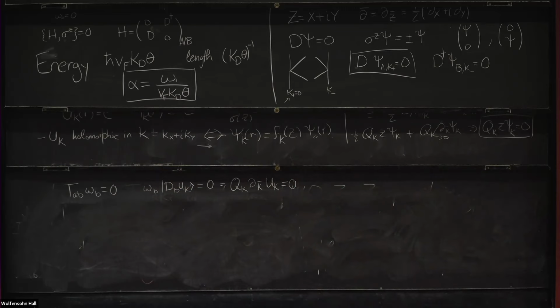So we have now found three different ways to characterize the same set of properties of bands. The first one is the trace condition, that the trace of the metric is equal to the Berry curvature. The advantage of this formulation is that this is a very easy thing to do numerically.